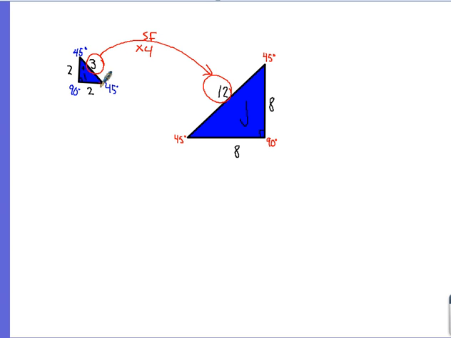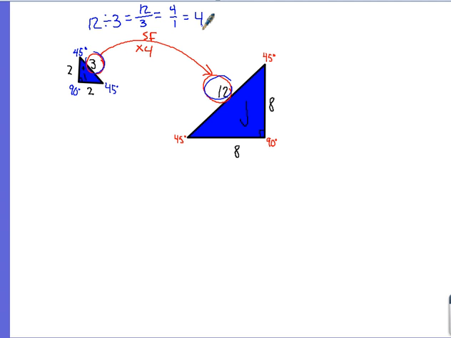Yes. 2 times 4 again is 8, so our scale factor is 4. I could have actually gotten that number by taking this 12, dividing it by the corresponding side of 3, knowing that 12 divided by 3 written like this is the same as 4 over 1, or the same as 4.